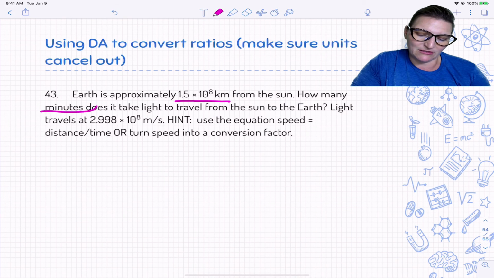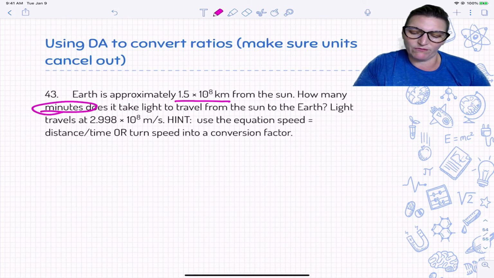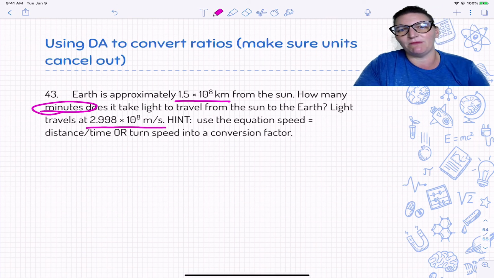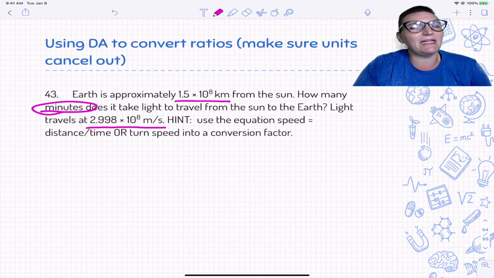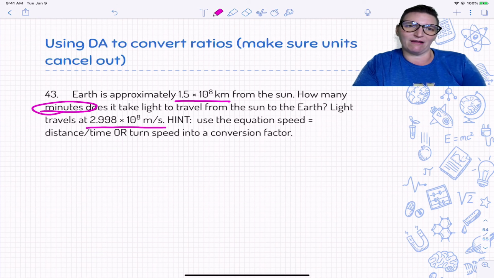How many minutes does it take for light to travel from the sun to the Earth? Light travels at 2.998 times 10 to the positive 8 meters per second. There's many different ways to try this problem. I want you to get creative, try as many different ways as you can think of, and we'll talk about the answer to this and how you approached it the next time we're all together.